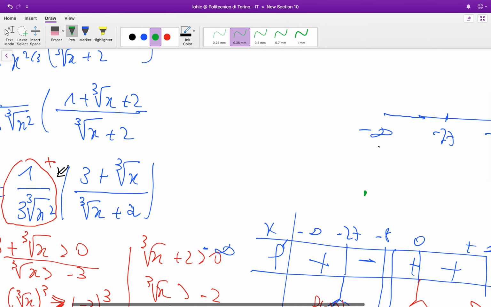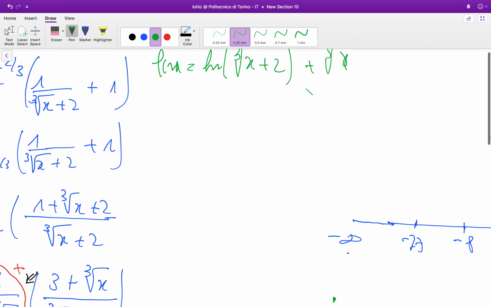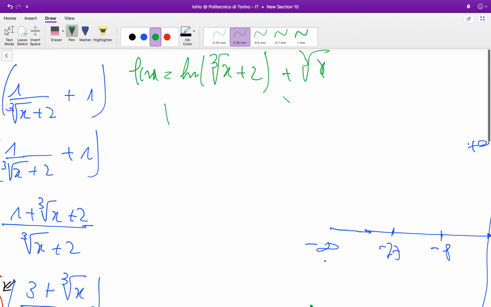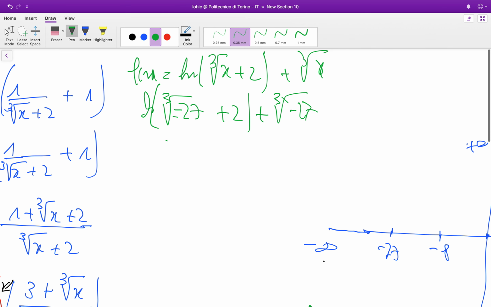One has to compute f of minus 27. I remember that the function was f of x equal to the logarithm of the absolute value of the cubic root of x plus 2, plus the cubic root of x. So if I put minus 27, I get the cubic root of minus 27 plus 2, with the logarithm, plus the cubic root of minus 27. The cubic root of minus 27 is minus 3.